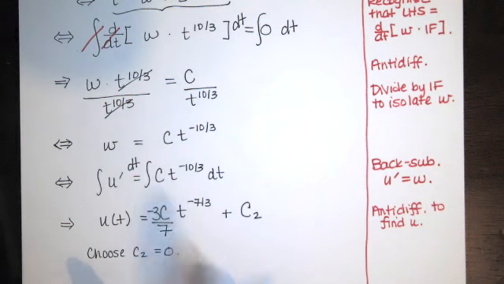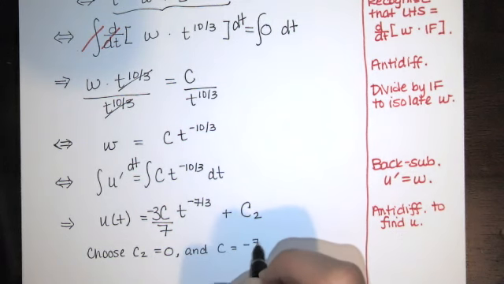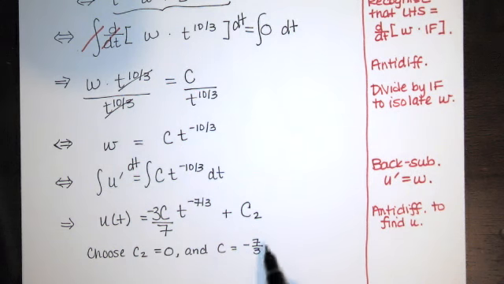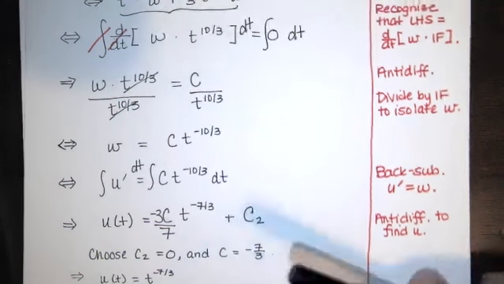Now I want this coefficient out front to be as simple as possible. So I'm just going to choose the value of C so that that coefficient is equal to 1. So we'll choose C to be negative 7 over 3. If I take negative 3 over 7 and multiply it by negative 7 over 3, the negatives cancel and then we have 7 over 7 and we just get a 1 out front. So if we make these choices, that tells us that our u of t is equal to t to the negative 7/3.